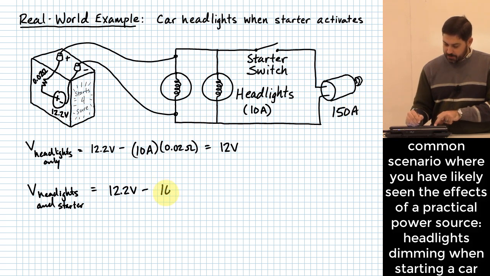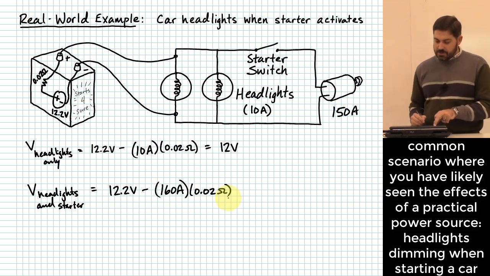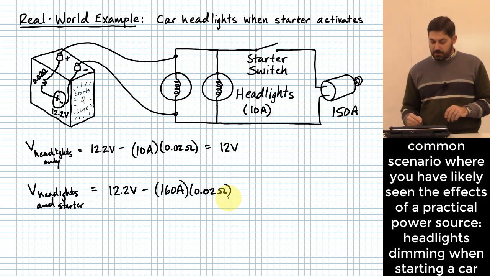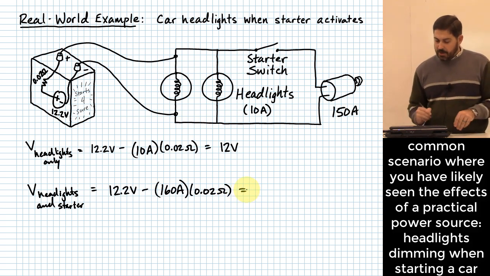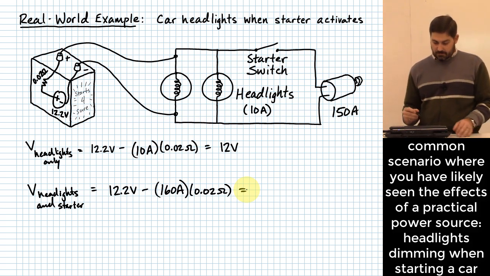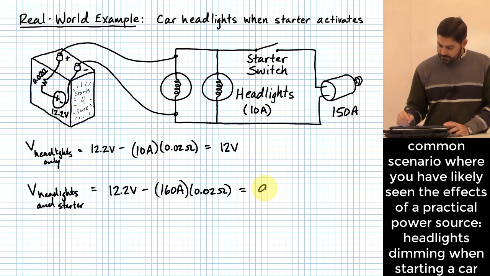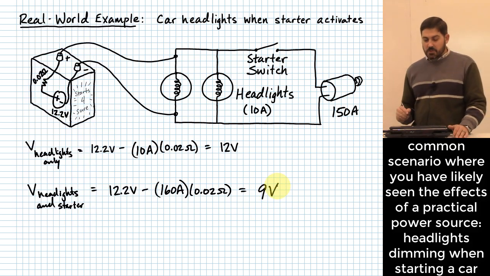Okay, that would be 160 amps, let's say in rough terms, times 0.02 ohms. Okay, about how much voltage are we going to see across the headlights now and across the starter? Okay, 9 volts. That's why your headlights dim.